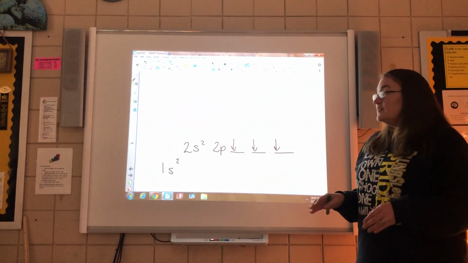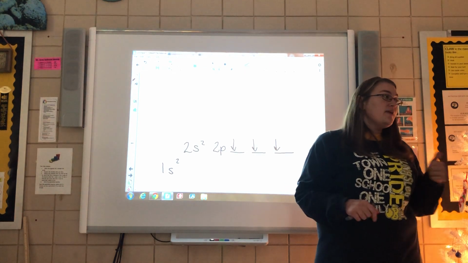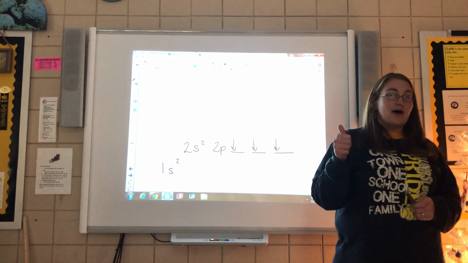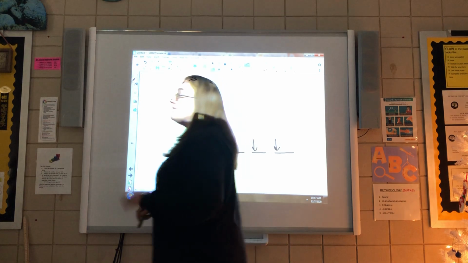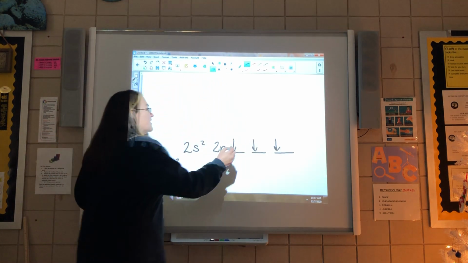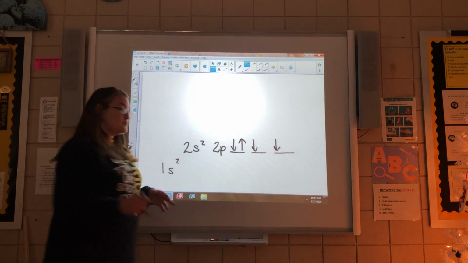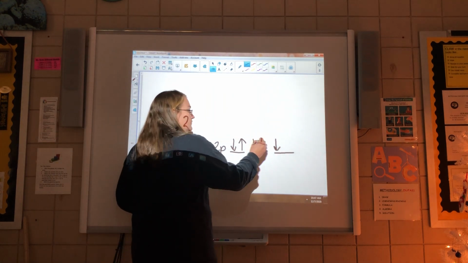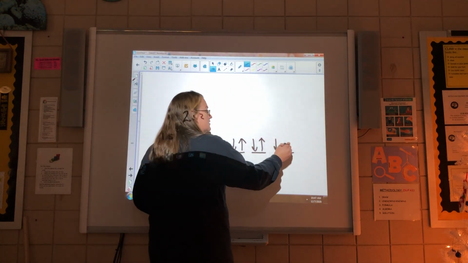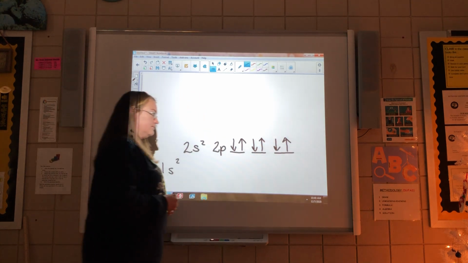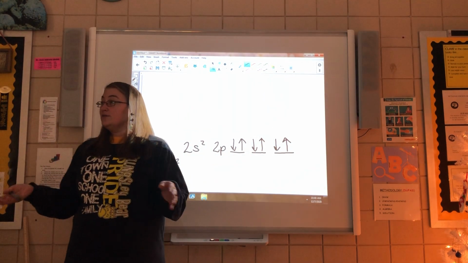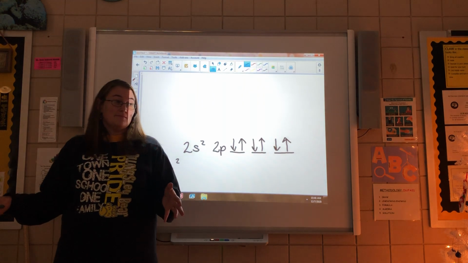Now that all the bottom beds are filled up, we can start with the top bunks, okay? The 4th person is going to go in the top bunk right here. The 5th person goes in the top bunk here. And the 6th person goes in the top bunk there. Now you have filled up the party room.